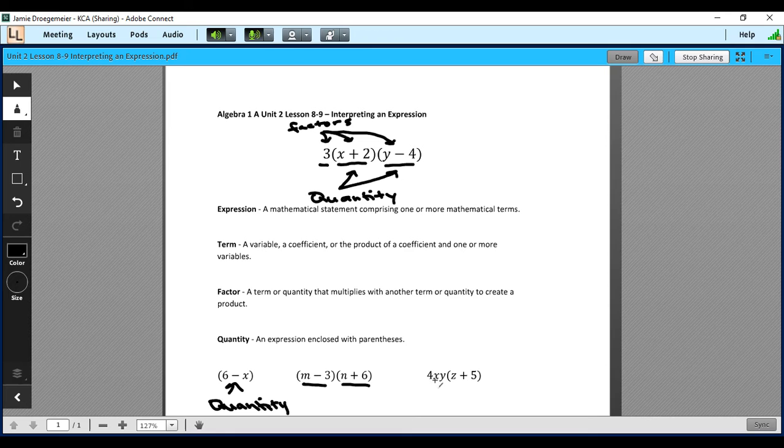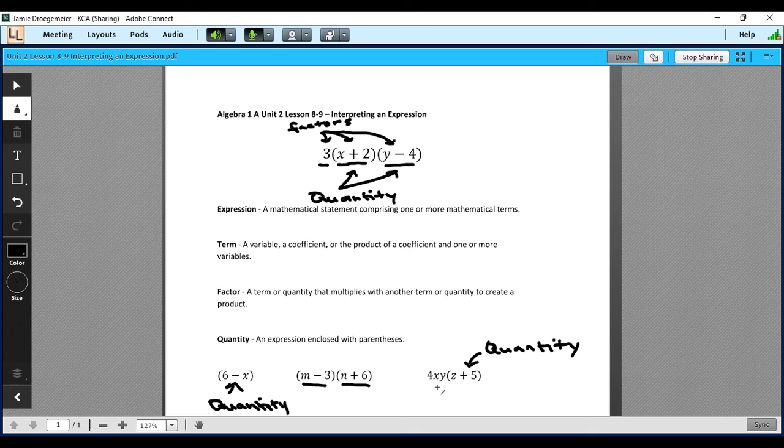We have 4xy times the quantity z plus 5. That z plus 5, as we said, is a quantity because it's an expression inside of parentheses. Now, if you were asked what the factors are or how many factors there are, remember, 4xy is really the same as 4 times x times y.